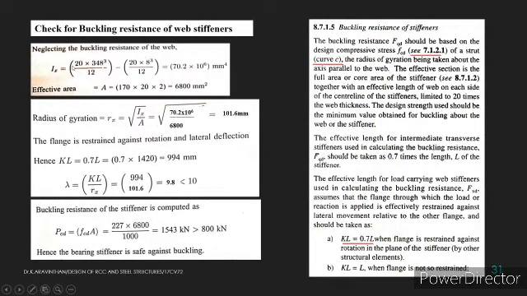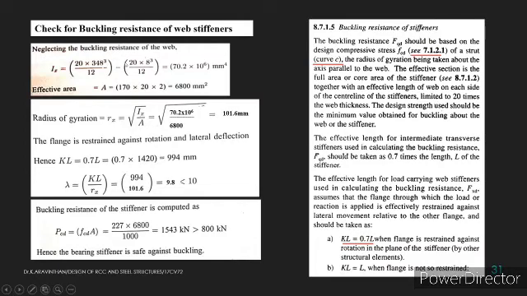This is what we are doing, that is d B cube divided by 12. Our d is 20 and B here is 348, that is the 170 mm plate into 2 plus the 8 mm. And we are subtracting that 8 mm web stiffener, because right now we are purely going to assess the web stiffener buckling resistance.